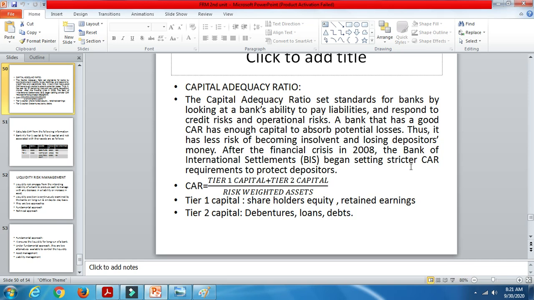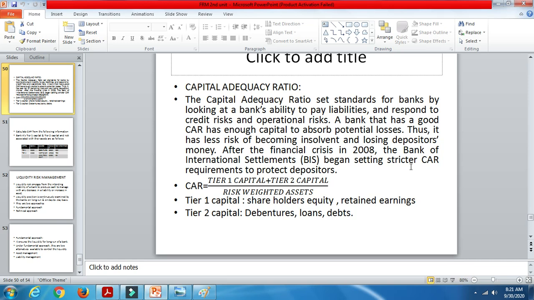Whereas tier 2 consists of undisclosed reserves, revaluation reserves, general provisions, hybrid instruments, and subordinated term debts. Under tier 2, it could be debentures, debts, loans, bonds, and all of these are outsider securities. Outsiders means you take a loan from an outside party.